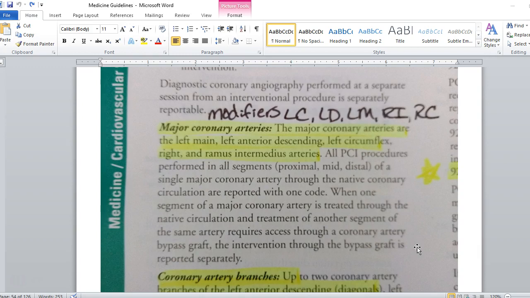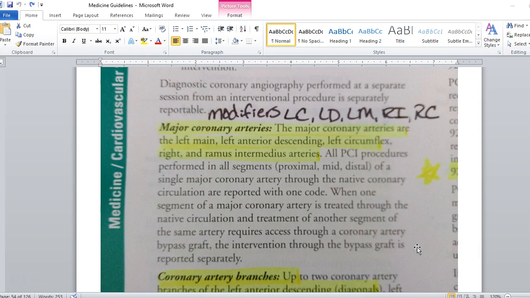The major coronary arteries are the left main, which is LM, the left anterior descending, which is LD, the left circumflex, which is LC, the right circumflex, which is RC, and the ramus intermedius, which is the RI. So again, if we're doing any of these, we better have that modifier with it to specify to the insurance company which one of these major arteries we performed the PCI in.